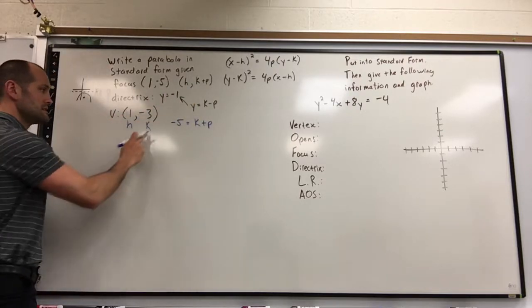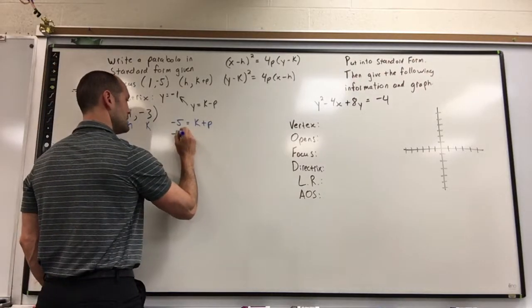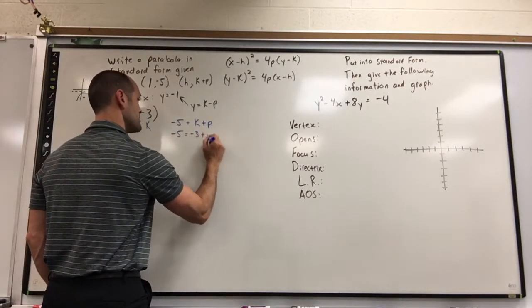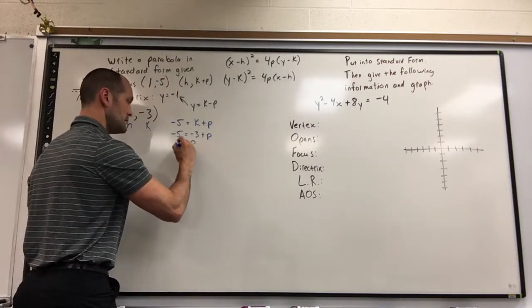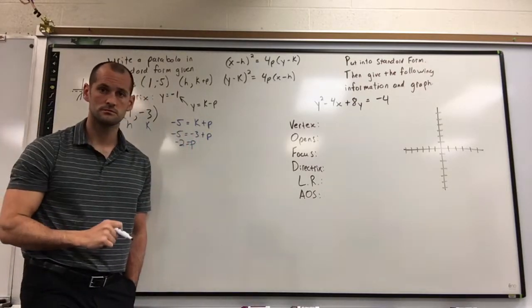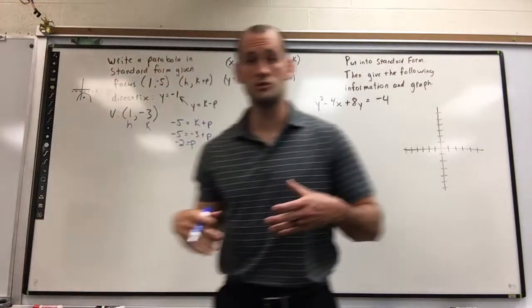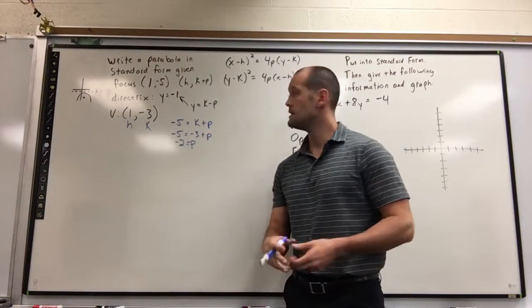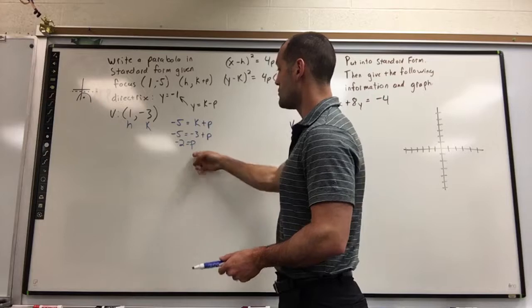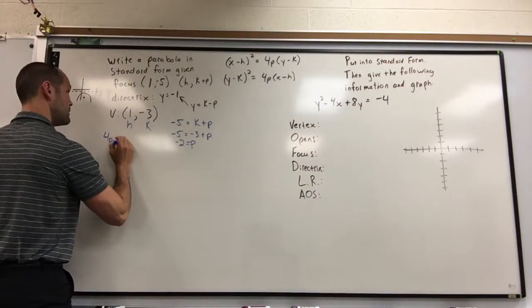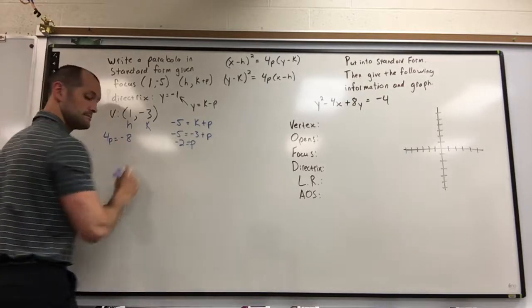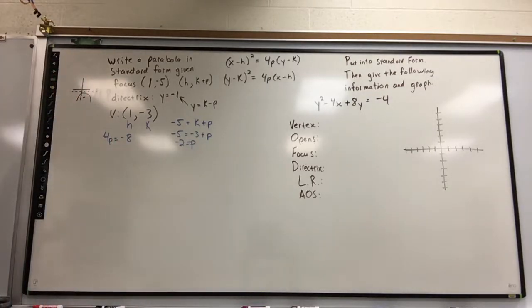What this means is, I now know that my k is -3. So that means p has to be -2. Okay? That is how I would go about using limited information to find my h and my k, and now I know my p, which means my 4p is -8.